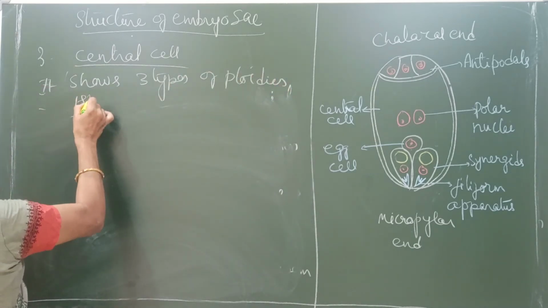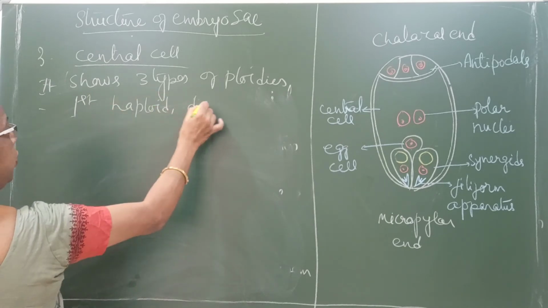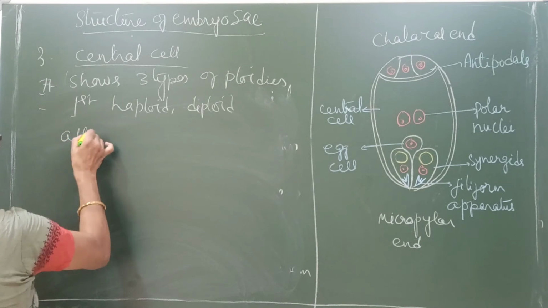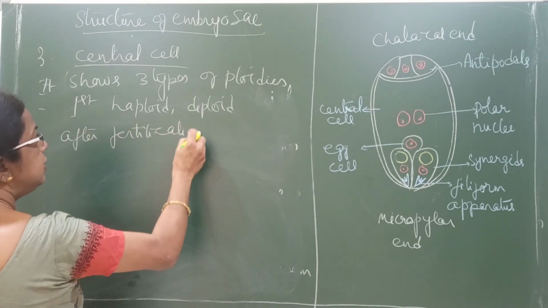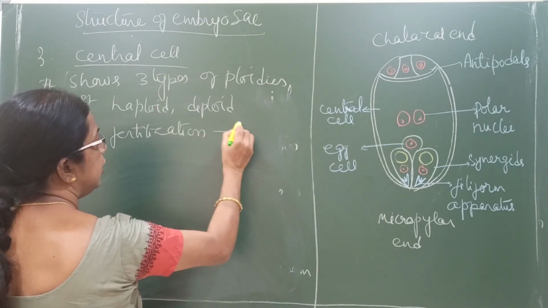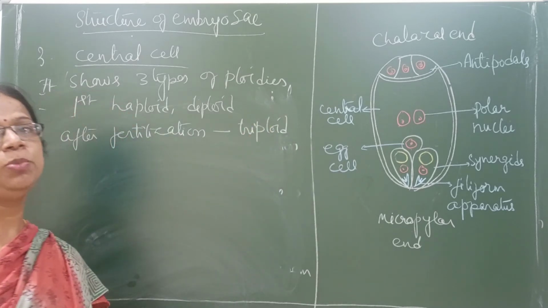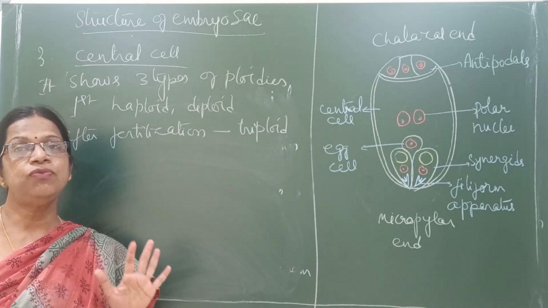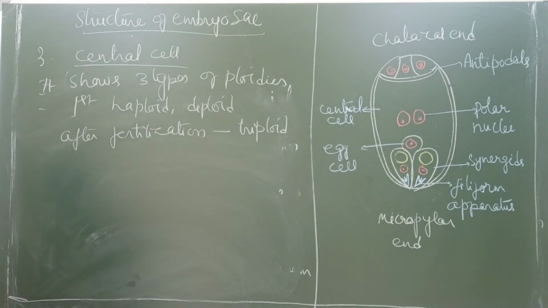First it is haploid, then it becomes diploid because the secondary nucleus is formed, and after fertilization it becomes triploid. So 3 types of ploidies can be observed in this cell, and it is the largest cell of the embryo sac.